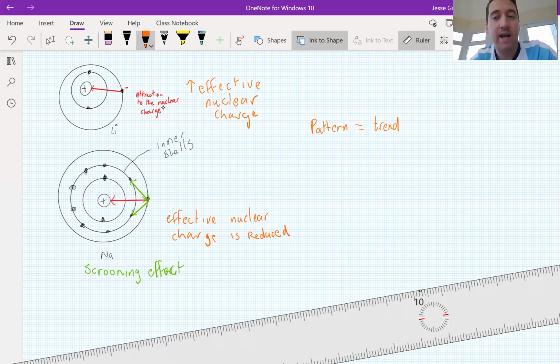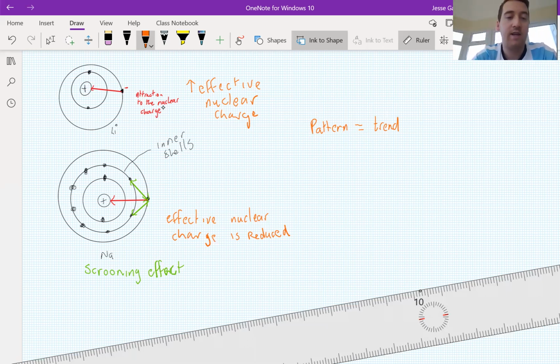Now, explaining why that is, well, there's two reasons that we've learned here. Basically you're adding more shells or more energy levels. So as you move down a group, you add extra energy levels. So the first one will be n equal to 1, the second one has an n equal to 2, the third one has an n equal to 3 shell, and so on. So that's one reason. As you add more shells or more energy levels, the atom is going to get bigger.